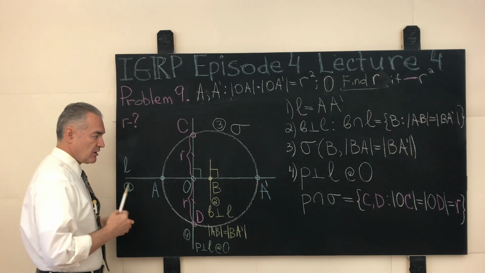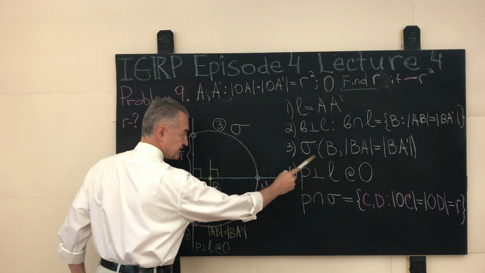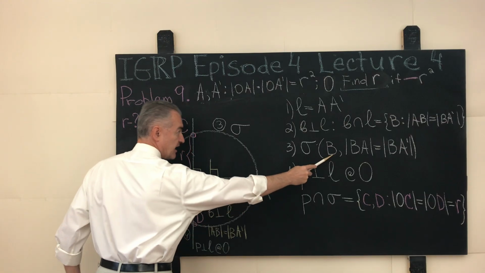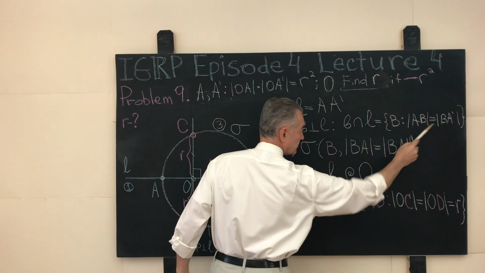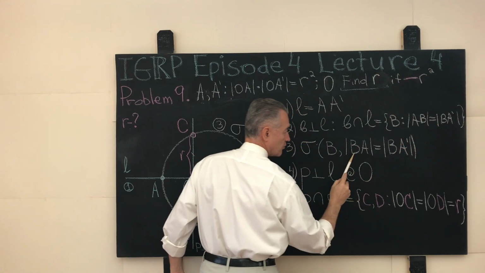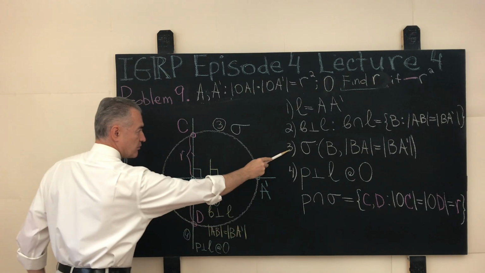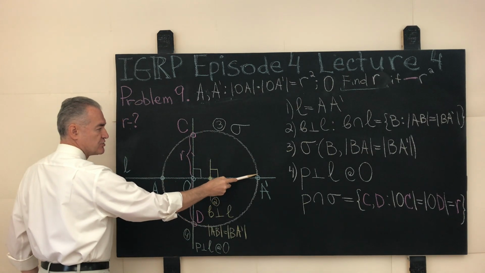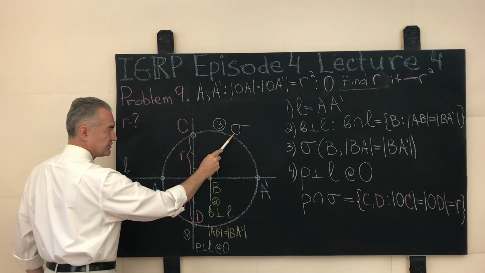Step number three, now that we did all the preparatory work, we construct a circle, sigma, centered at that point B that has the radius precisely that distance from B to A and from B to A prime. Step number three symbolically, step number three geometrically. Here is the circle in white named sigma.